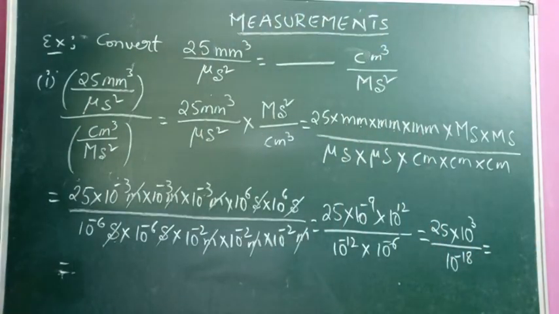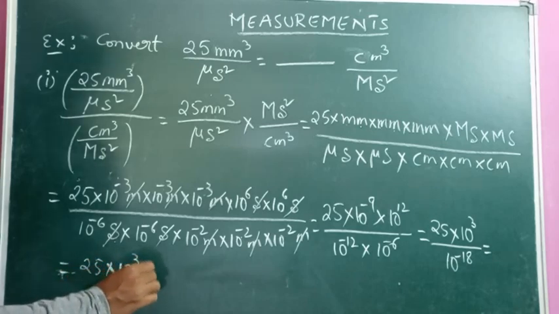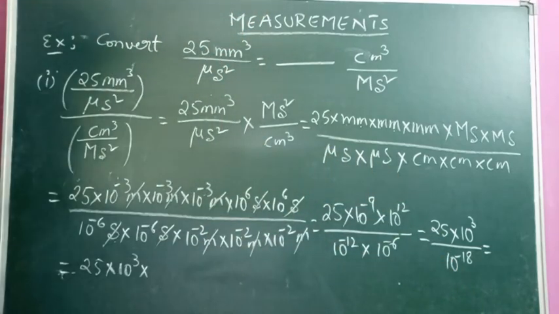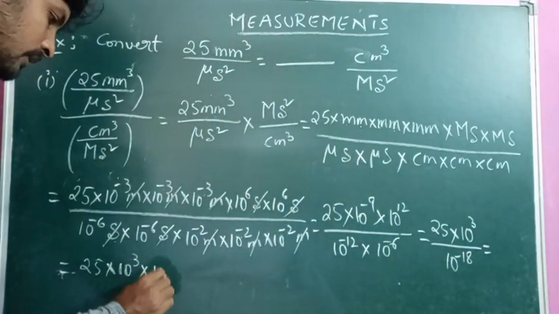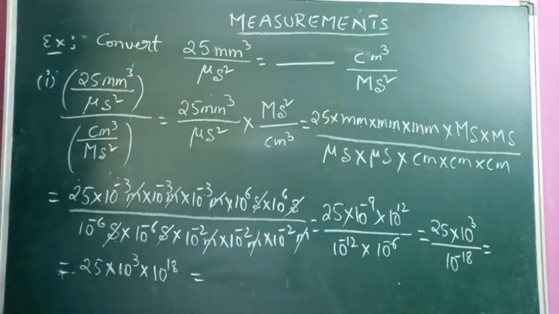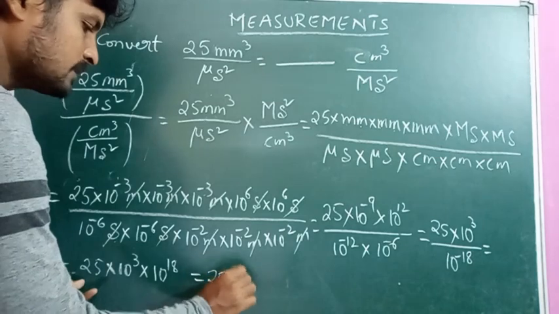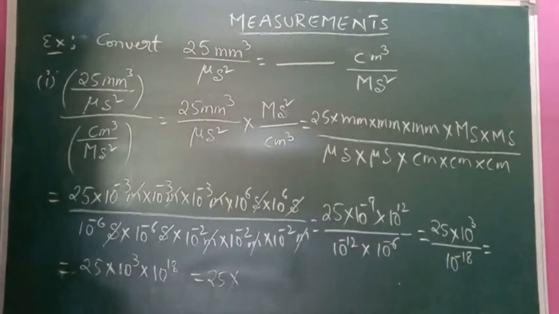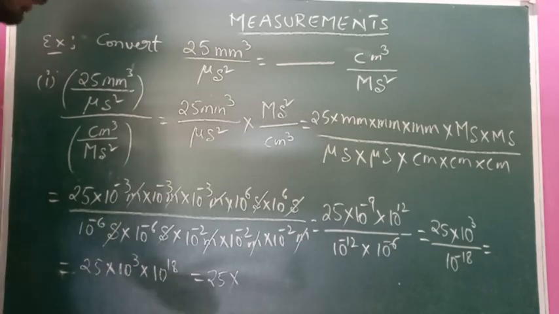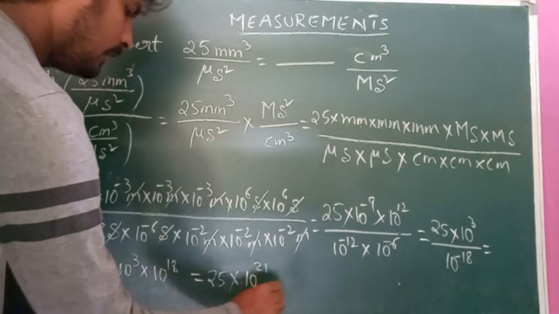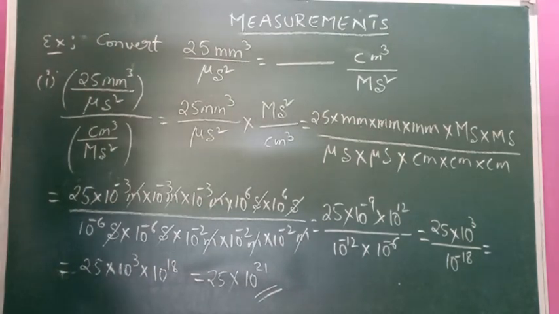So that is equal to 25 into 10 power 3 into 10 power 18. Again, when the bases are same, the powers should be added: 18 plus 3 is 21. So 10 power 21 is the answer. In this way we can do the conversion. Is that clear to everyone?